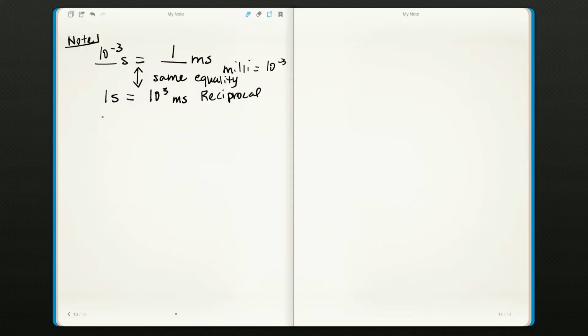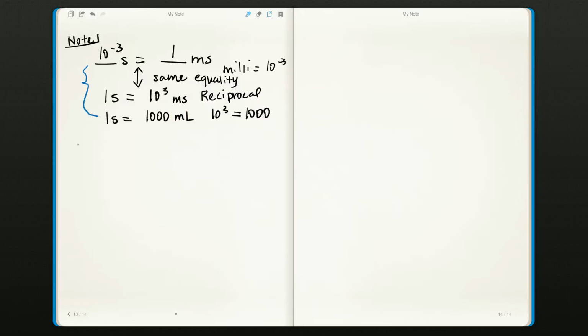You could also write it as 1 second equals 1,000 milliseconds, since 10 to the third is equal to 1,000. So if you can recognize that 10 to the third is 1,000, you can use 1,000 instead of 10 to the third. This is just to show you guys how to really use that table and make it make a little bit more sense. So all of these equalities are the same.